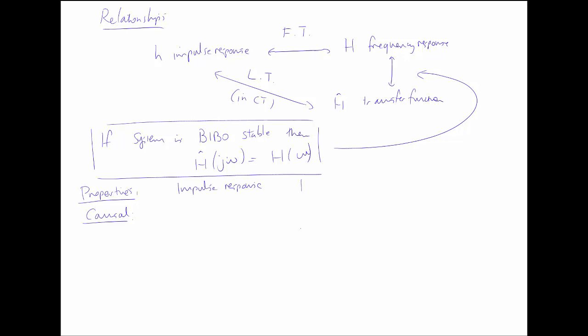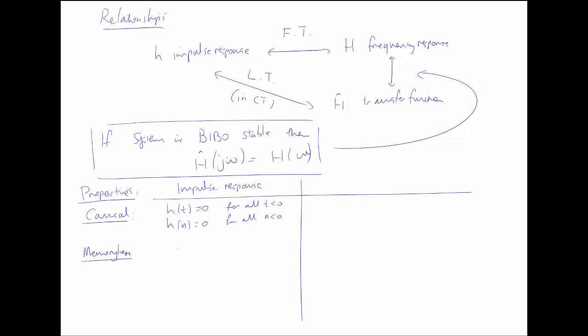A system is causal if the impulse response is 0 for all negative time, and the same in discrete time. A system is memoryless if the impulse response is just some multiple of the unit impulse.